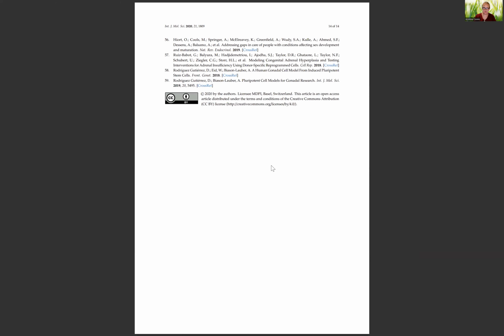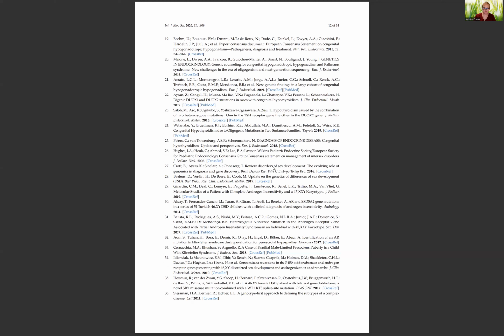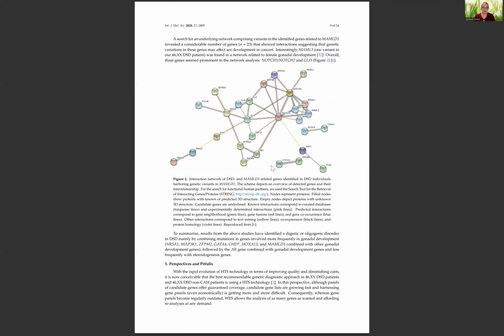Oops, now I'm going way too fast. So the last part of this journal article, they take a gene sequence, the MAML3 gene, and they basically throw it into a whole collection. So there's the MAML3, and they show all the interactions of MAML3 in the body.